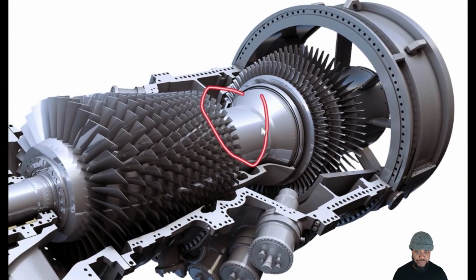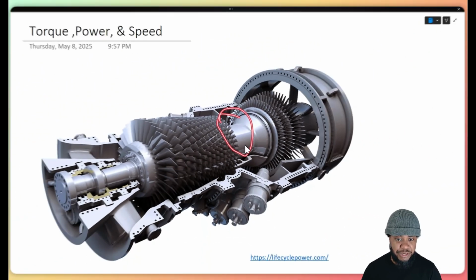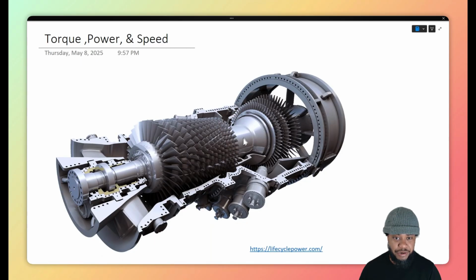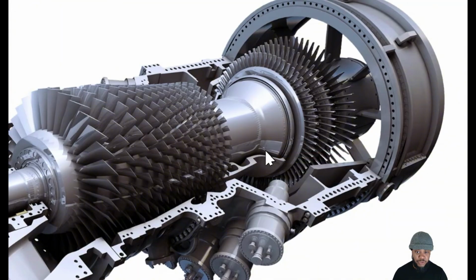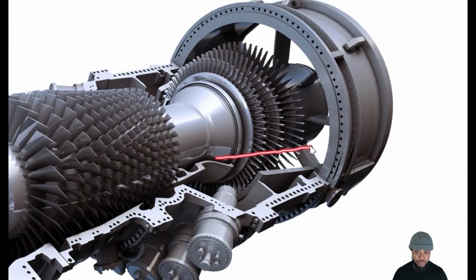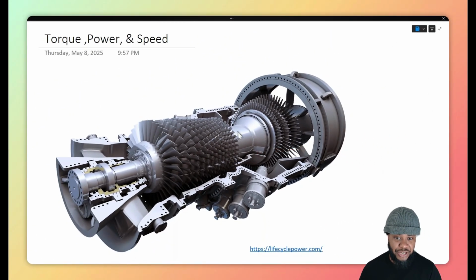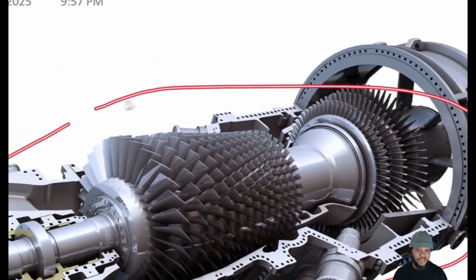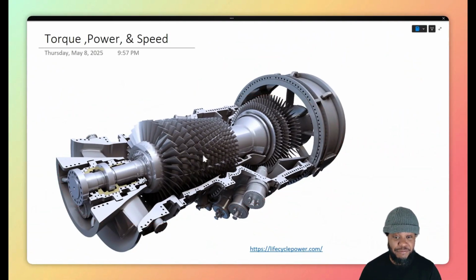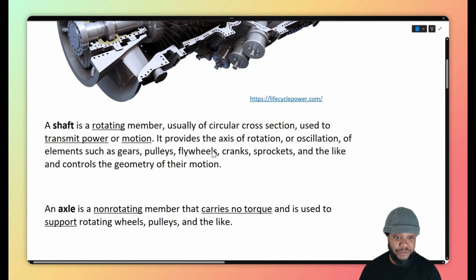There's a combustion region that injects fuel into that compressed air and ignites it. And then there's the turbine end, where those hot gases pass over these turbine blades, spinning up the shaft, generating either thrust or electricity, right? So this is a classic example of shafts that we see in design.